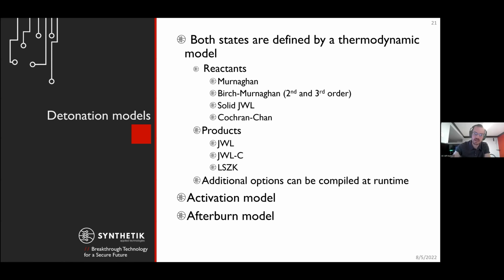And then LSEK, which is similar to a power law. So these are kind of like the pre-compiled options, the standard options, if you will. But we do have basically any equation of state that we have, you can choose. It's just compiled at runtime. And then we have our activation models and afterburn models, which you have to choose as well.